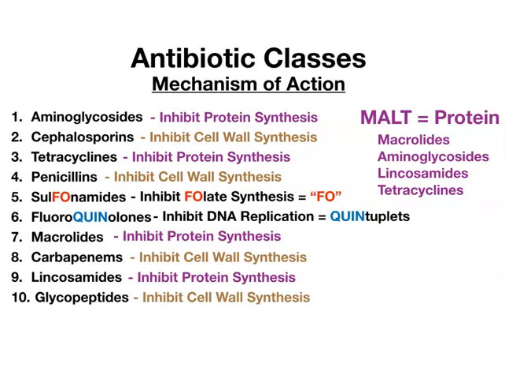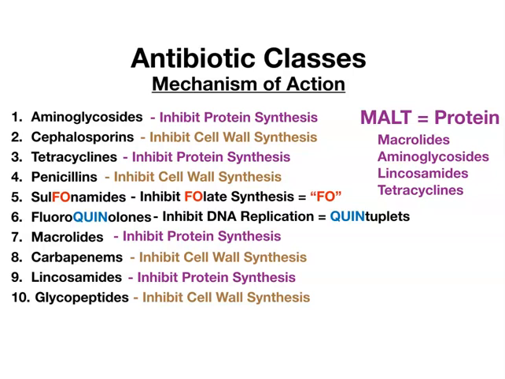I found this slide and thought it interesting if you wanted to pause here and take a look at it for a little bit. It basically tells you the mechanism of action for a lot of the antibiotics. For example, many of them inhibit protein synthesis. Some work on the cell wall. Some inhibit folate, like the sulfonamides.